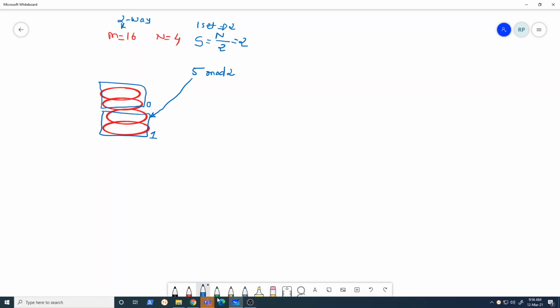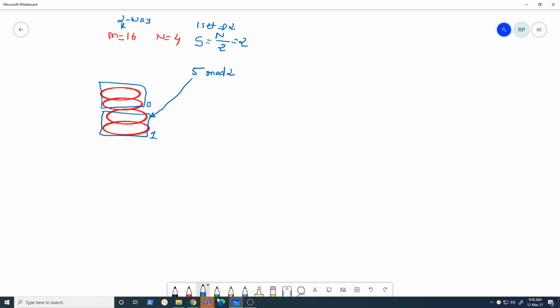But how to find out the 3 bits? You need to write the whole sequence of blocks which will go to set 1: 1, 3, 5, then 7, 9, 11, then 13 and 15, and then start with 000, then 001, likewise.